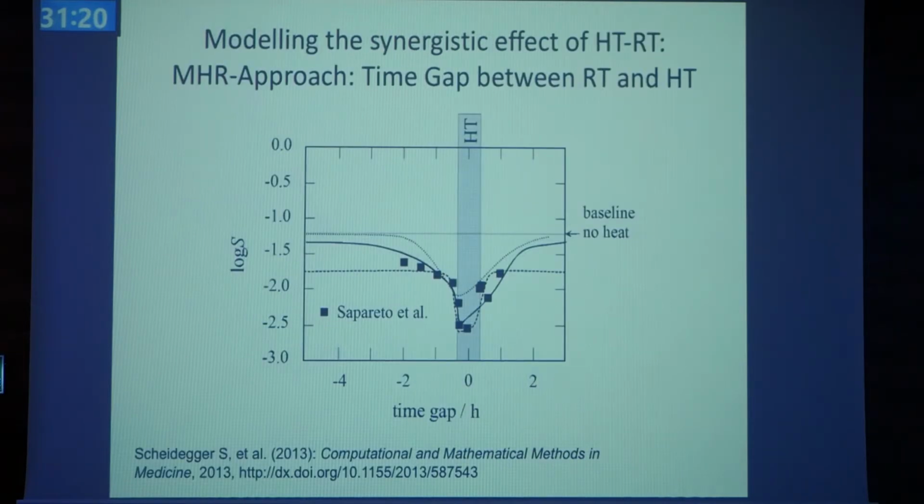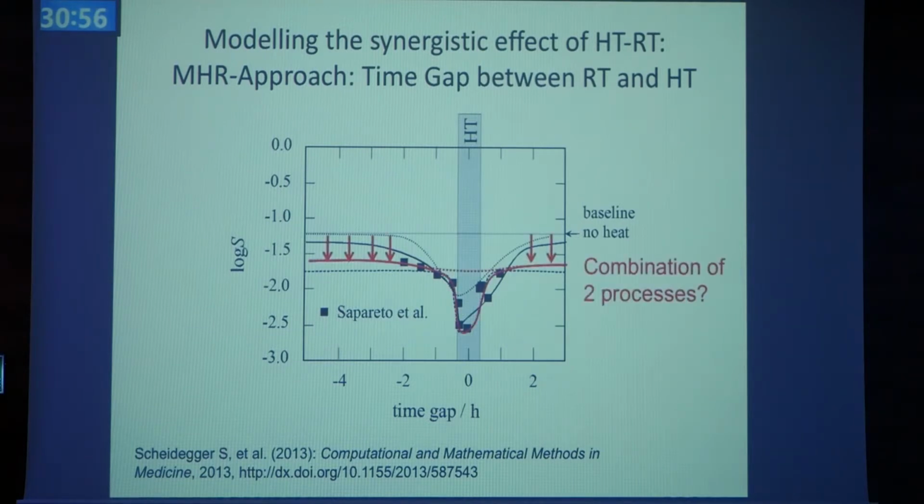However, this part of the effect can explain in vitro data, for example, the old data of Separator and co-workers, when we heat and when we irradiate before, during or after heating. The multi-hit repair model is able to reproduce the data.